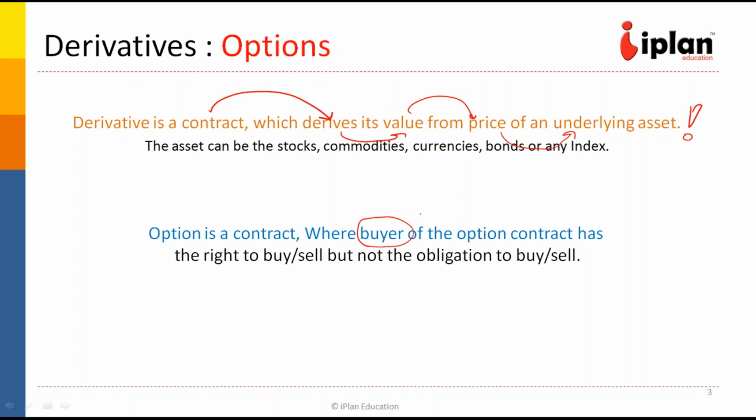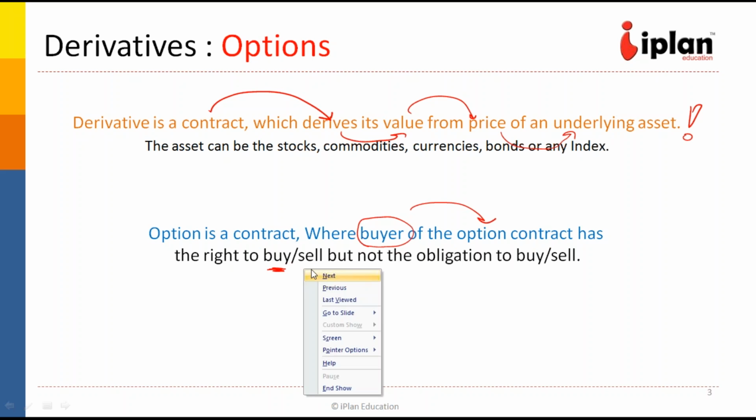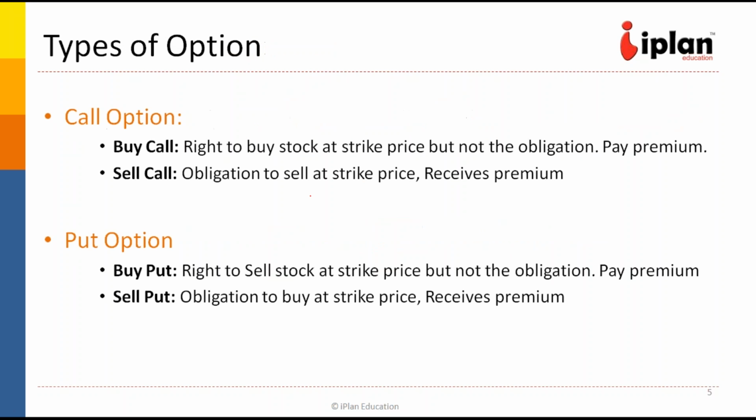If it is a put option, it is the right to sell. If it is a call option, it is the right to buy. But there is no obligation to buy or sell. Let's understand this in detail.